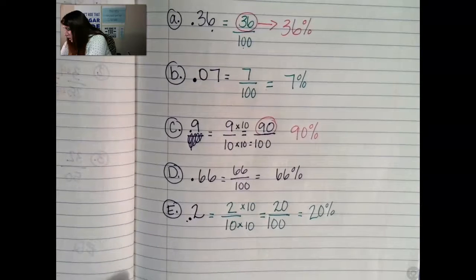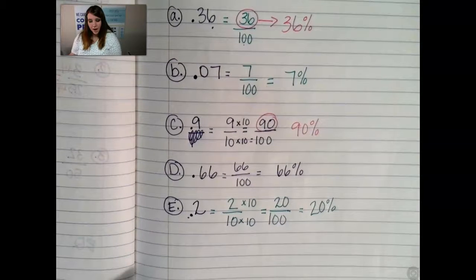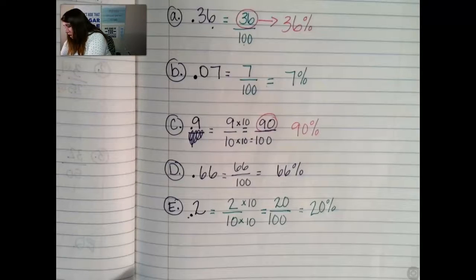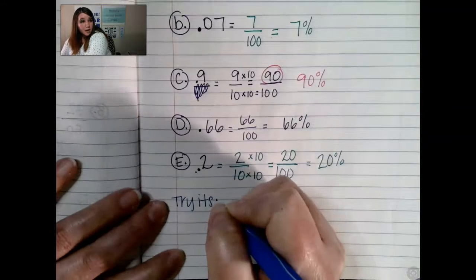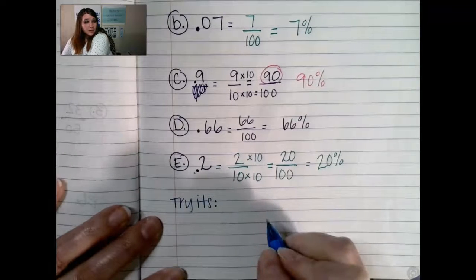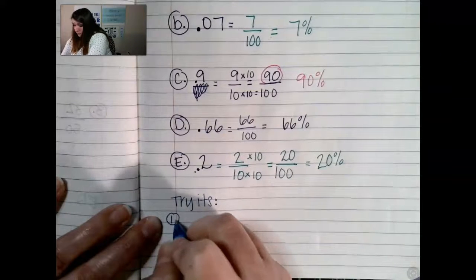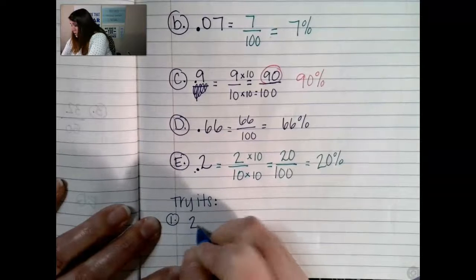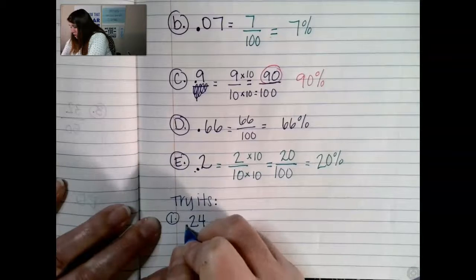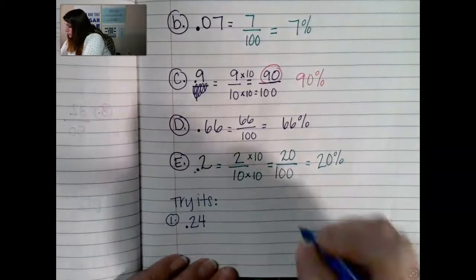All right, sixth graders, it is your turn to do some try-its and apply your learning. Your first try-it is try-it number 1, and this one says 24 hundredths.